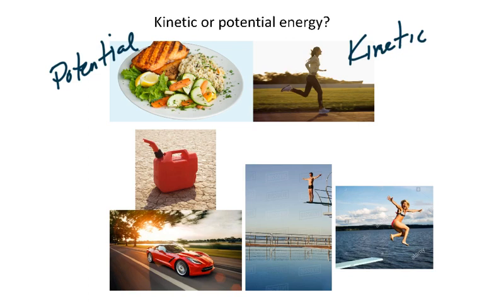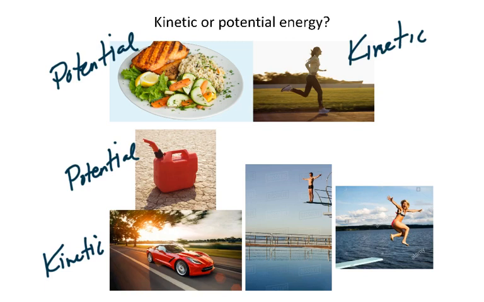Of course, she still has metabolism occurring inside of her, but we're looking at the energy of motion there. A gas can sitting in the desert apparently is full of potential energy. A lot of chemical bonds there, and it can be converted into this car, which has kinetic energy. You maybe see the pattern here.